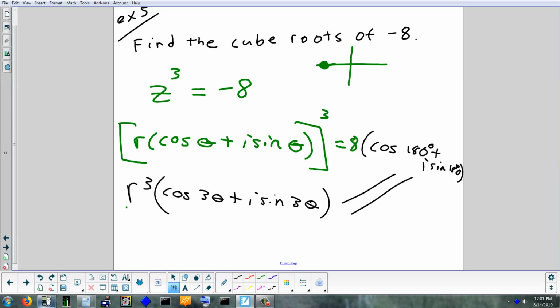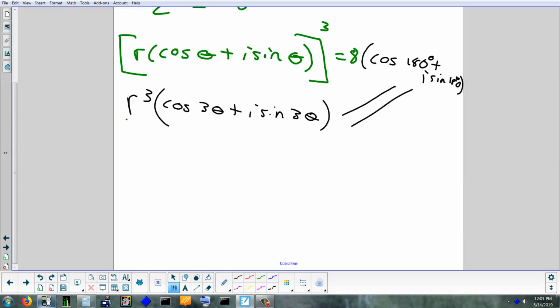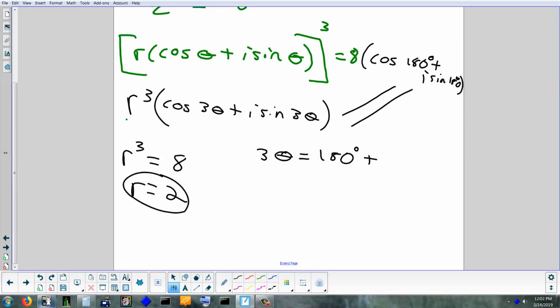Now there's a radius on the left and a radius on the right. What's the cube root of 8? 2. There's your radius for the problem, the same radius we're going to write 3 times. What's the angle on the left? 3 theta. What's the angle on the right? 180. But to get all the answers, what do you put on the end of it? Plus 360k.